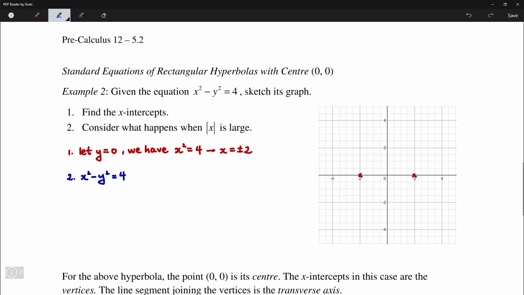So we know that y squared is equal to x squared minus 4, just by rearranging the terms. If we square root both sides, we have y is equal to positive or negative the square root of x squared minus 4.